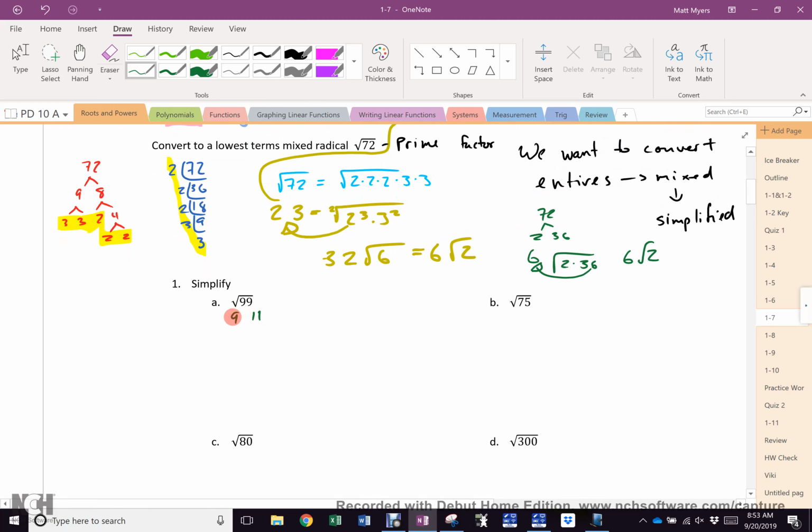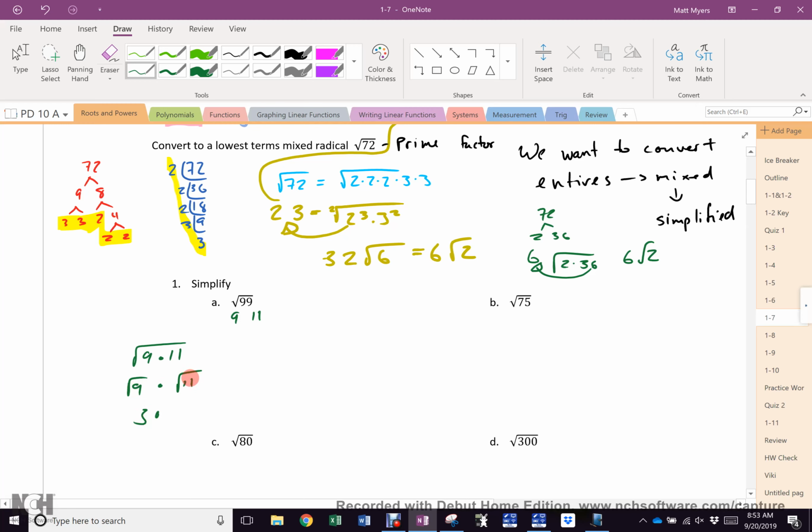Because what's special about 9? It's a perfect square. So this root 99 is really the root of 9 times 11, yes? Which is really the root of 9 times the root of 11. And what is the root of 9? 3 times the root of 11.